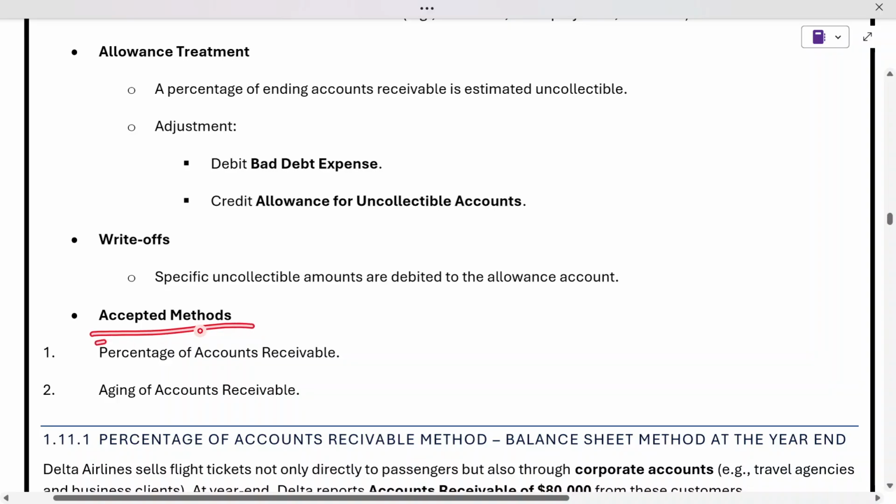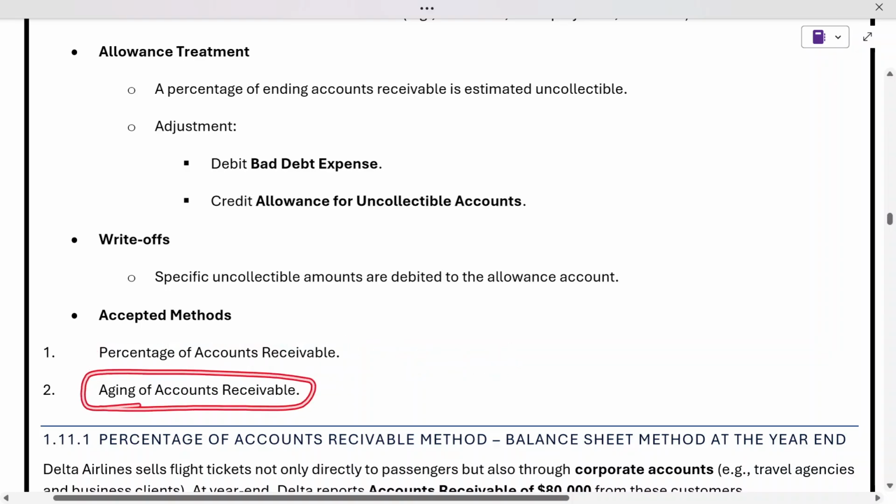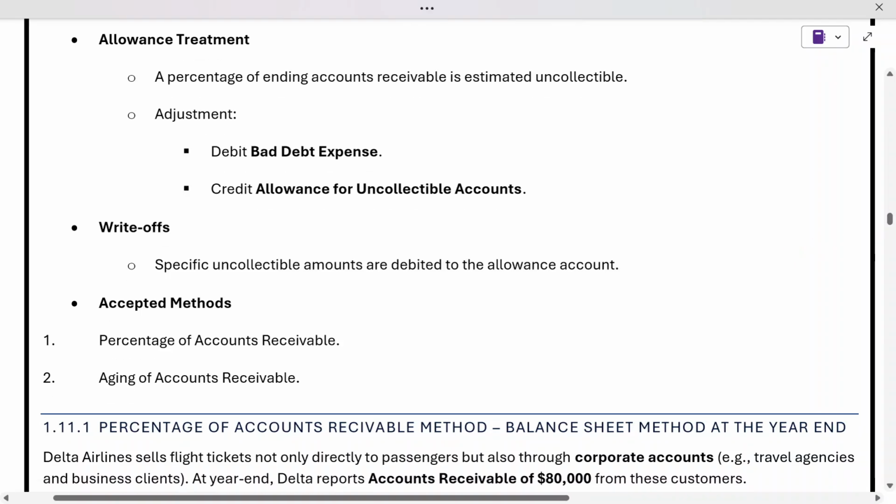Now there are two different methods which are generally accepted for this: percentage of accounts receivable, which we saw, just like 2%, 10%, etc., and aging of accounts receivable. When I say aging, if you have sold today, then there are chances that they will be paying very quickly.